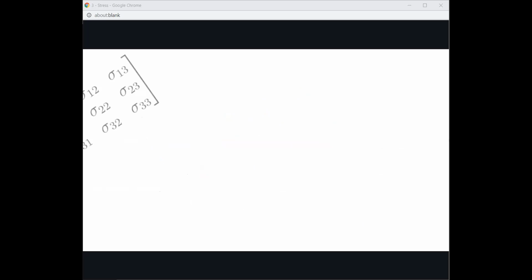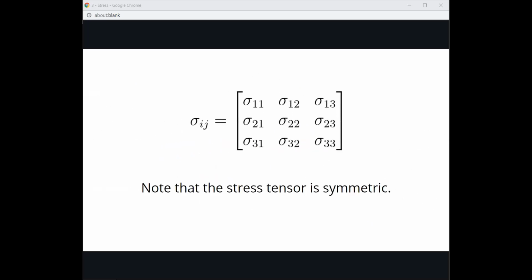And we note that the stress tensor is symmetric. What does it mean? What does it mean if it's symmetric? It means that this one is equal to this one, okay? This one is equal to, try natin yung 4.